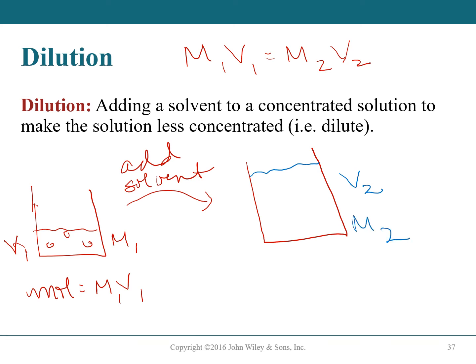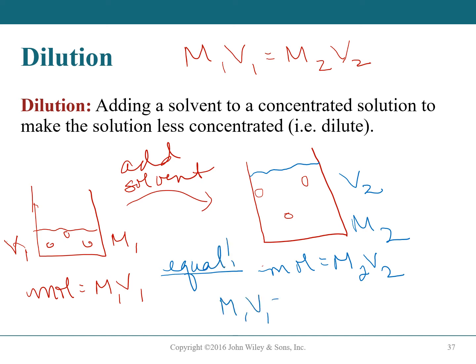But it turns out, because I'm only adding solvent, the number of moles of solute has to stay the same. So the moles after I added solvent is equal to M2 V2, and I know these two are equal. So that's how we get M1 V1 is equal to M2 V2.